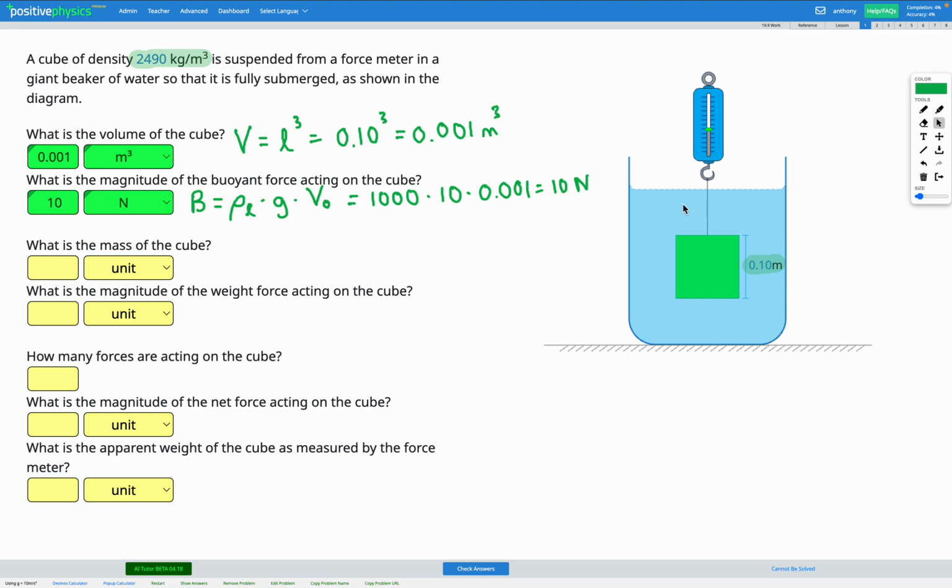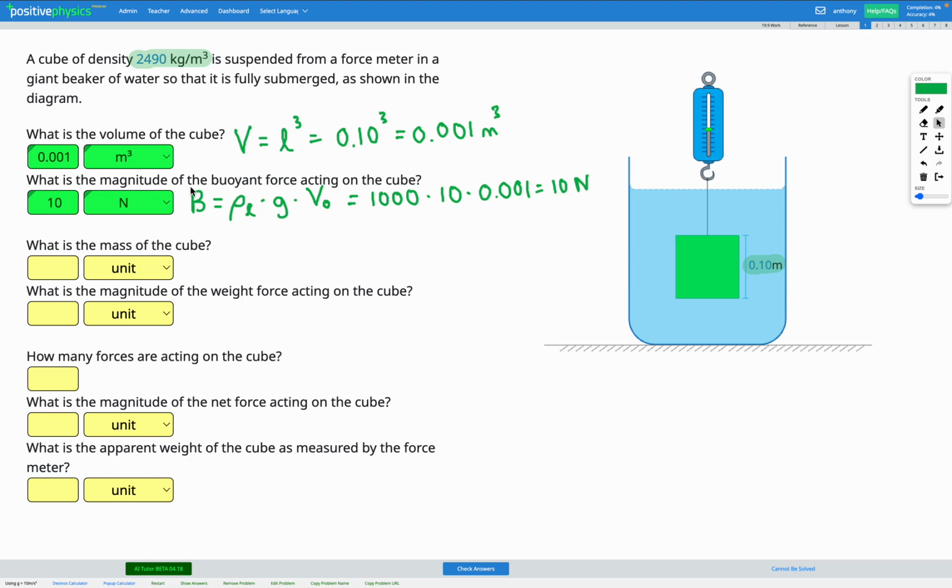Or the density of the liquid that it's in, that increases the buoyancy force. But the density of the object itself doesn't affect the buoyancy force. Our cube, we're told, has a density of 2,490 kilograms per meters cubed. That doesn't impact our buoyancy force at all. The only things that matter are the density of the liquid and the volume of our object, along with g.